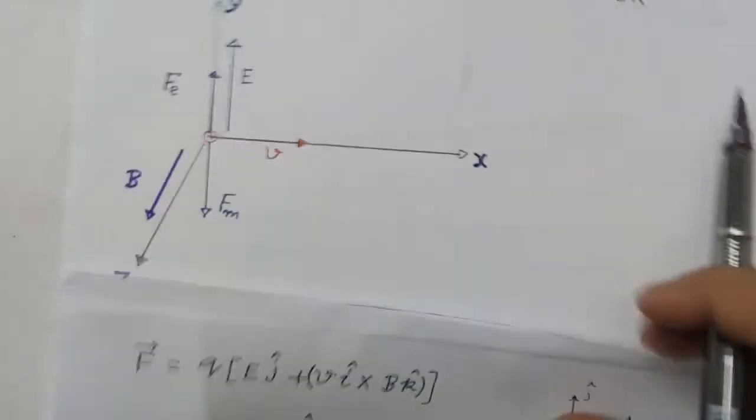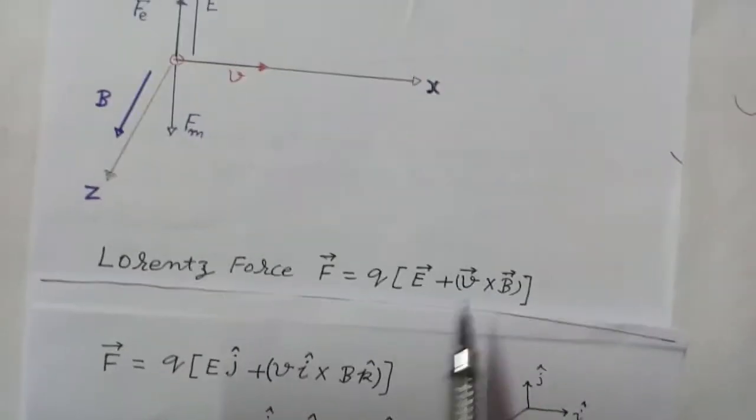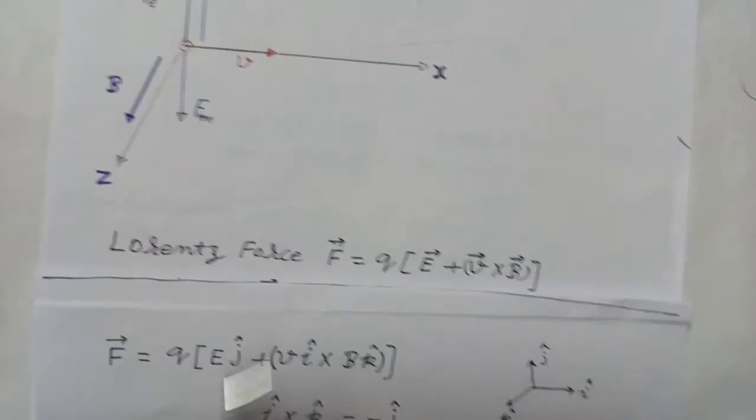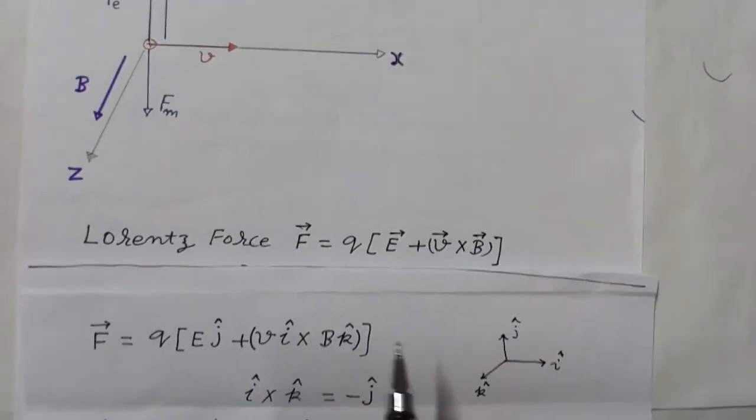So this expression F is equal to Q into (E plus V cross B) becomes F is equal to Q into (Ej plus Vi cross Bk).